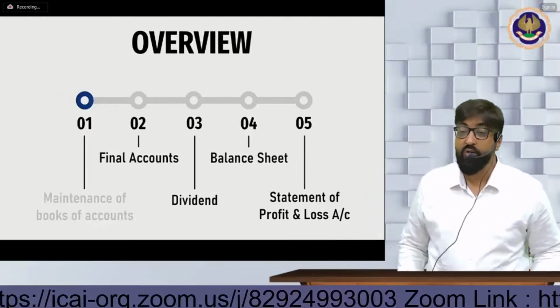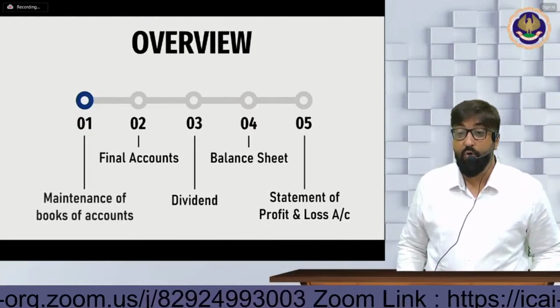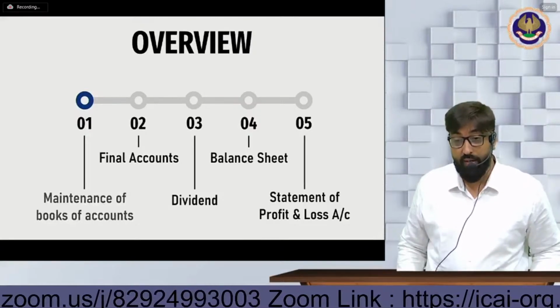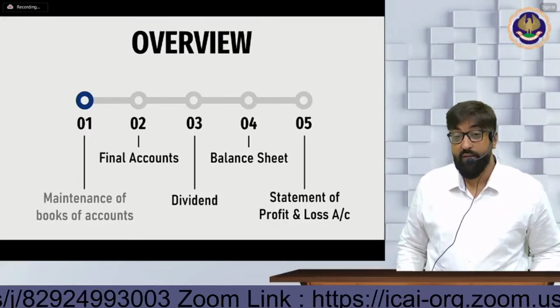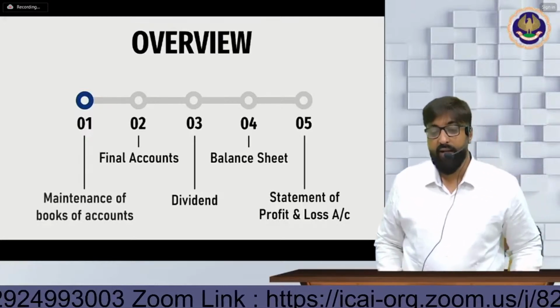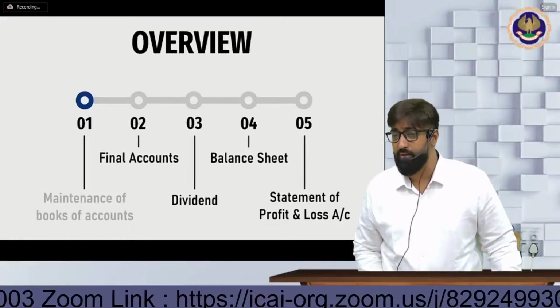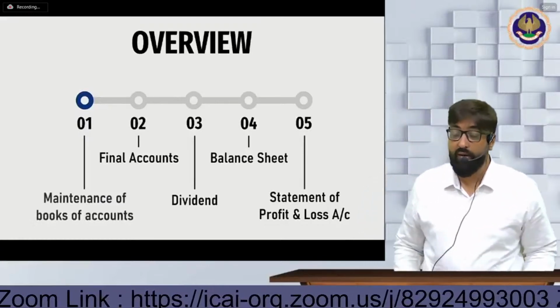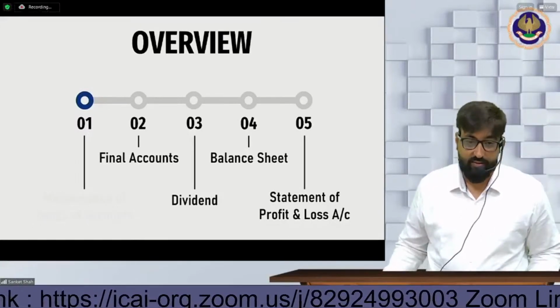And in case of assets, it is property, plant and equipment, intangible assets, capital WIP, intangible assets under development, non-current investment, deferred tax asset, long-term loans and advances, other non-current assets. And in case of current assets, it is current investment, inventory, trade receivable, cash and cash equivalent, short-term loans and advances, and other current assets.